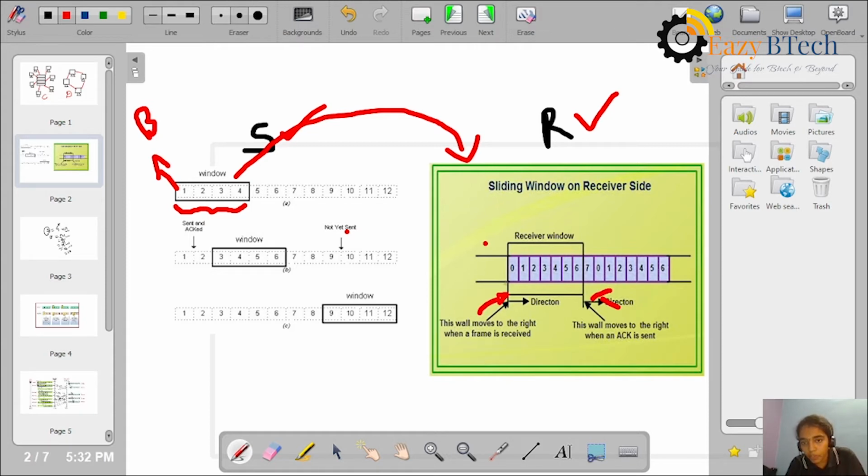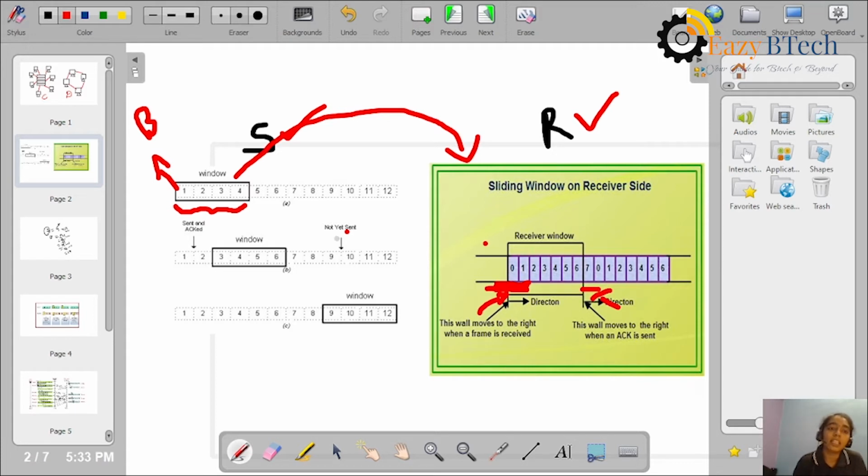The left side window will move, and this one moves to the right. From left to right, the sliding window moves. Whenever a frame is received, this window will move on the left side. Whenever the acknowledgement is sent, the right side window will move.